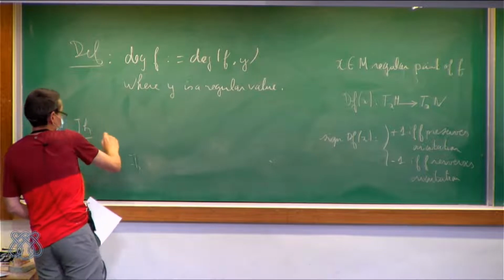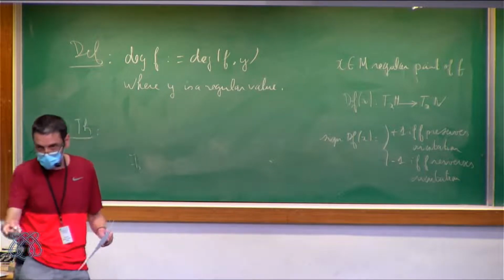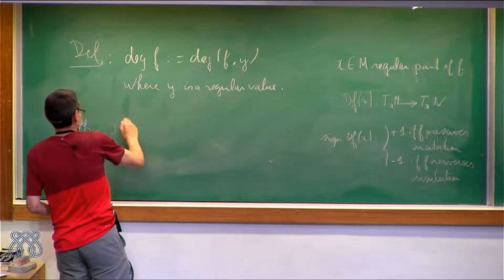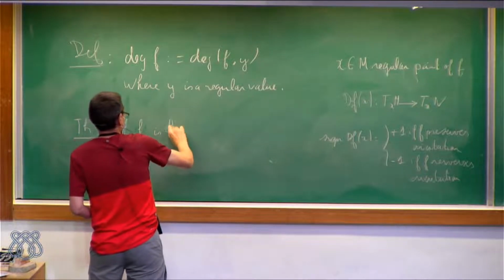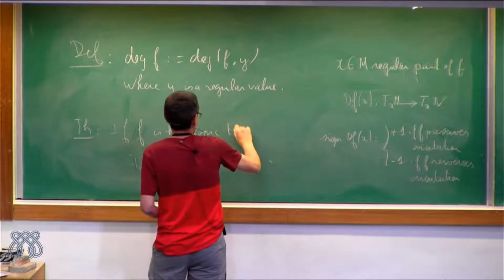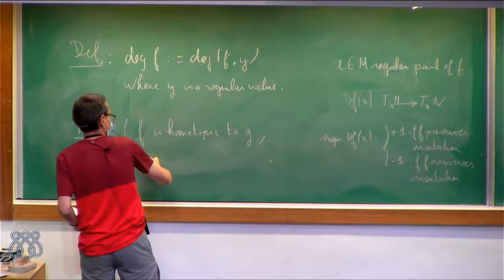If you have two homotopic maps, then the degree is the same. So if F is homotopic to G, then the two mappings have the same degree.